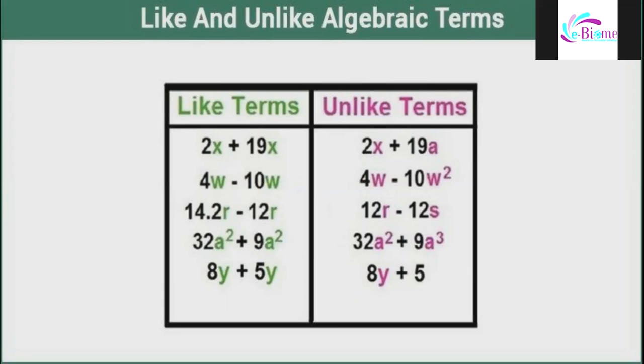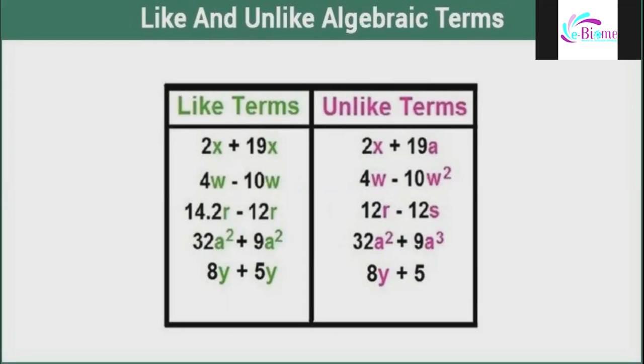So let's look at here we have 14.2r minus 12r, and they are like terms because they have the same variable, and that variable is r. And here we have 32a raised to the power of 2 plus 9a raised to the power of 2.